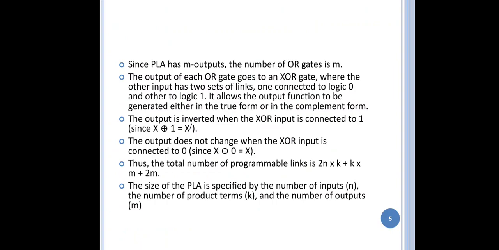The output is inverted when the XOR input is connected to 1, since x XOR 1 gives x bar. The output does not change when the XOR input is connected to 0, since x XOR 0 equals x. The size of the PLA is specified by the number of inputs n, the number of product terms k, and the number of outputs m.